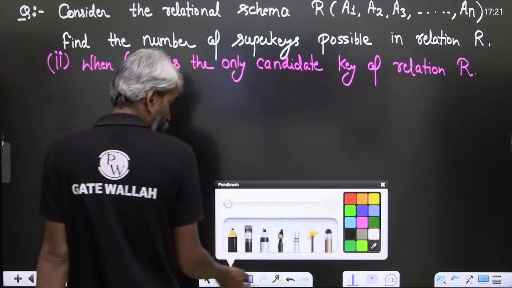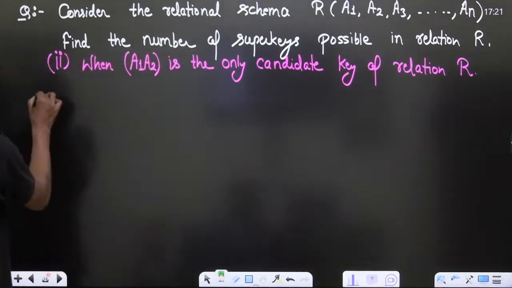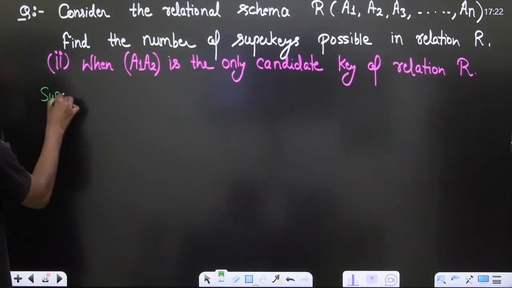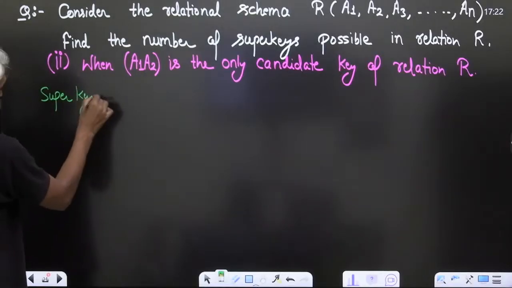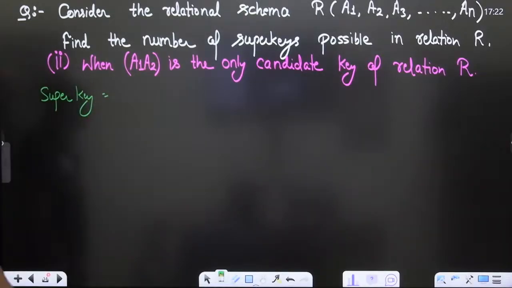Simple. No issue, sir. Very easy concept. So what will be a super key? A1 and A2 together define the candidate key.